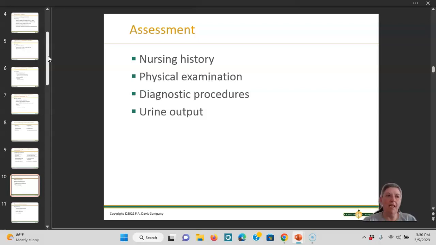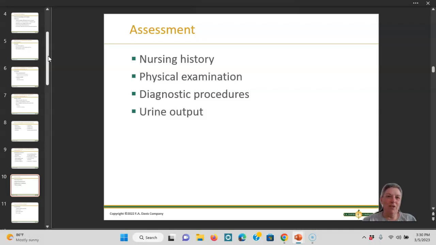They shoot dye into your IV and watch it. Just make sure if you have somebody going for one of those tests that you let them know that the contrast will make them feel like they've got to pee. It will have a warm, tingling sensation like they're going to pee on the table.